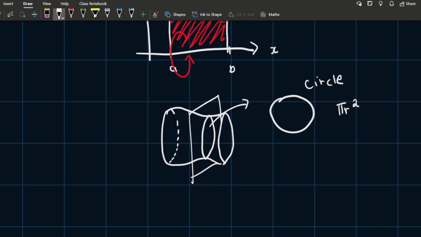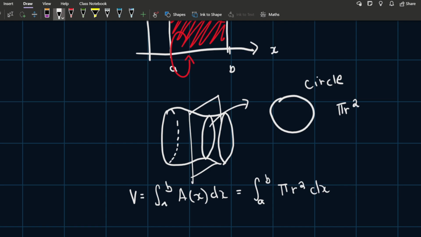So, ibig sabihin, if we want to get the volume of this region, yung volume natin is definite integral from a to b ng A of x dx. So, this will be the definite integral from a to b ng area ng circle ay pi r squared.